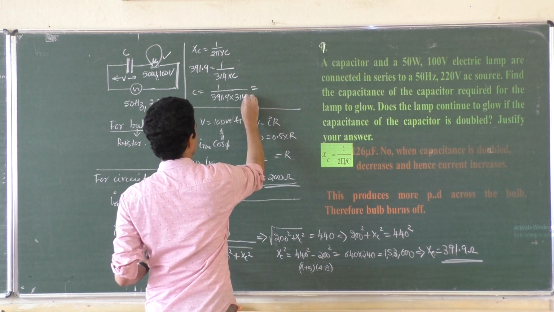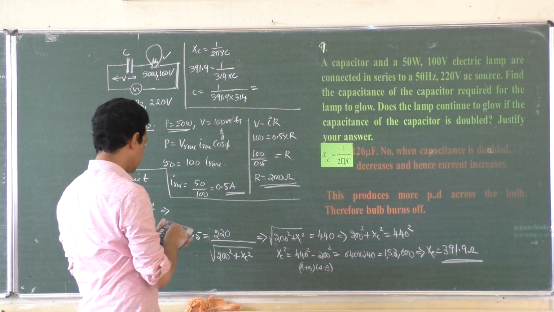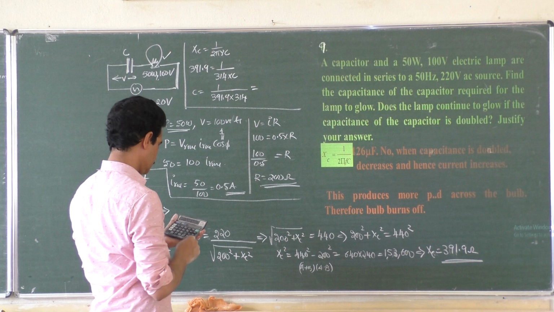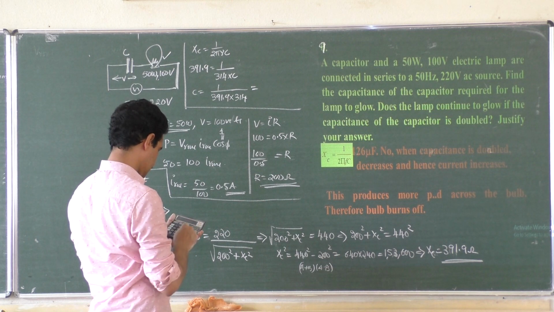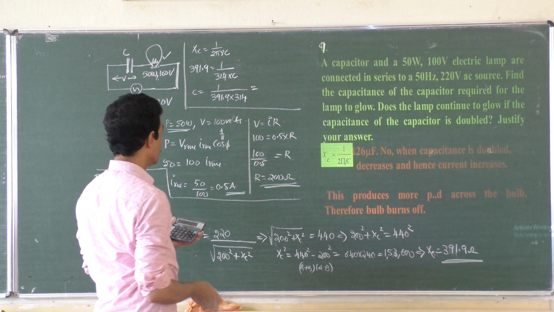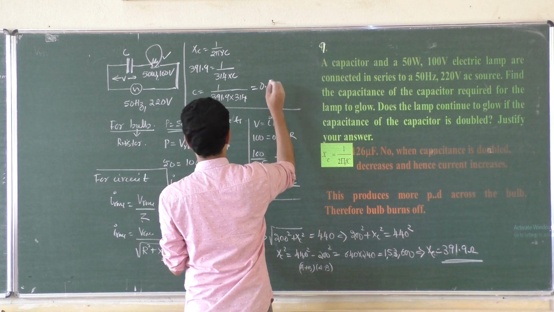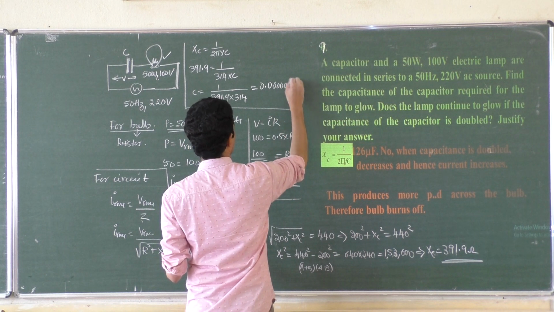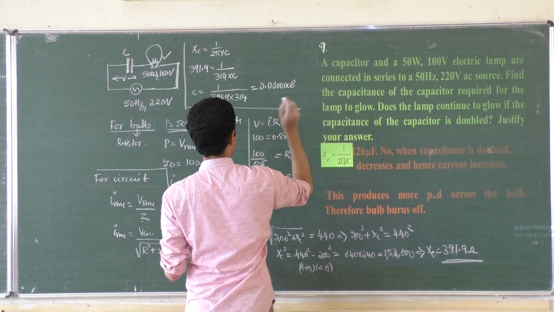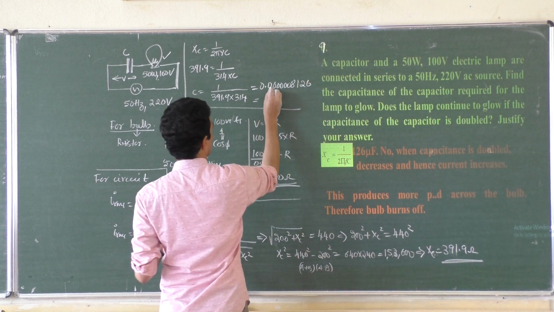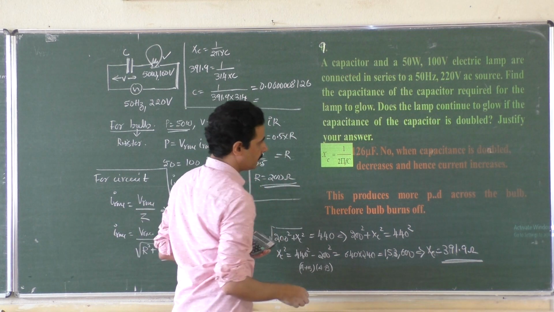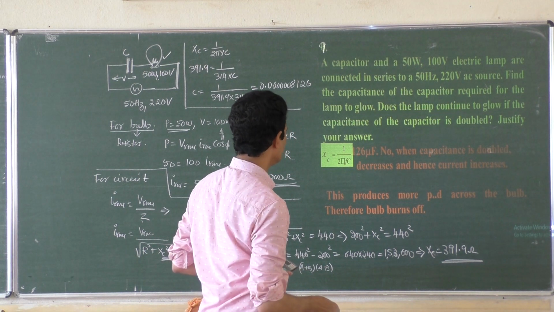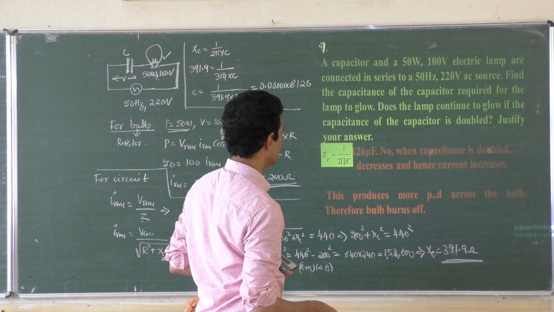Okay, C is equal to 1 divided by 391.9 divided by 314, which is 0.000, and counting the zeros, then 8126. Let me look for the answer.